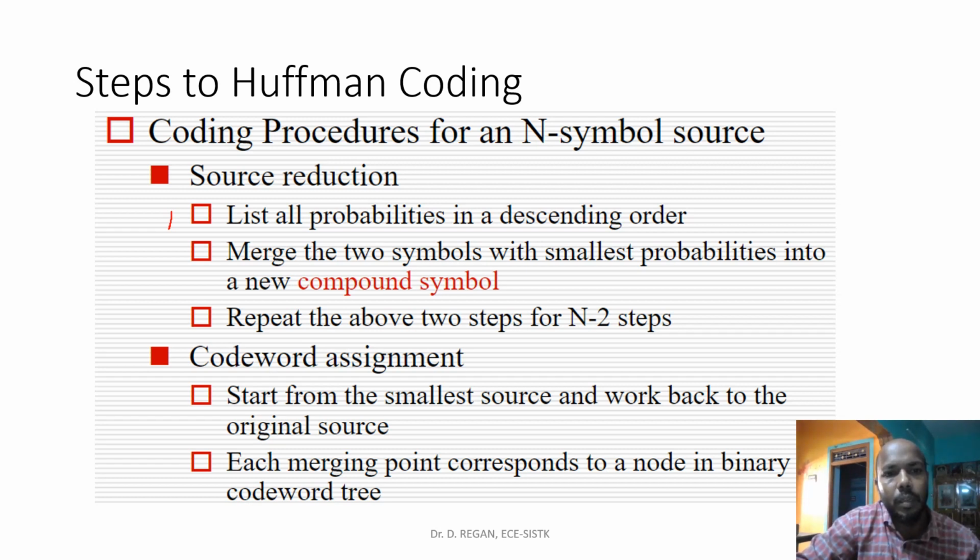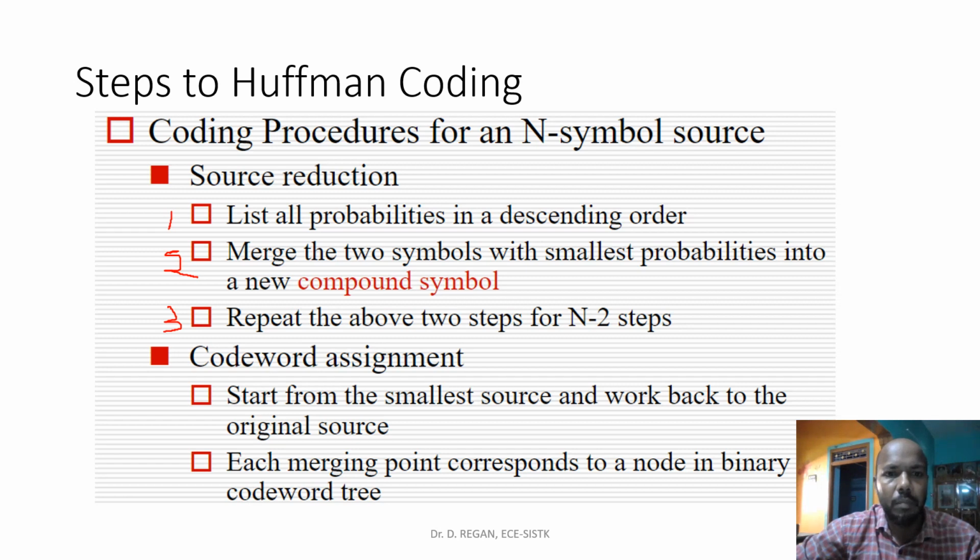Adding the last two symbols which gives the compound is the second step. In the third step, we have to follow the same second step until we get the last two symbols. After that, we assign binary codes to the symbols. That is the code word assignment step.